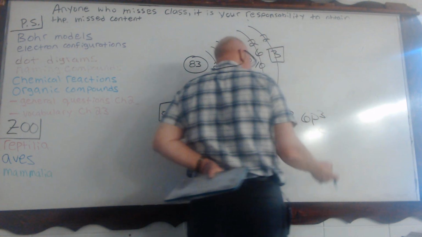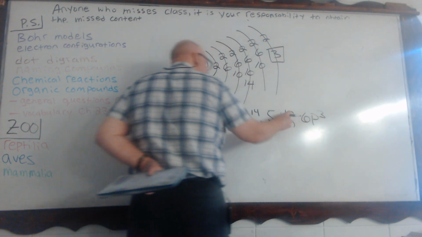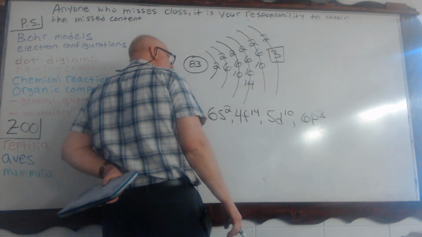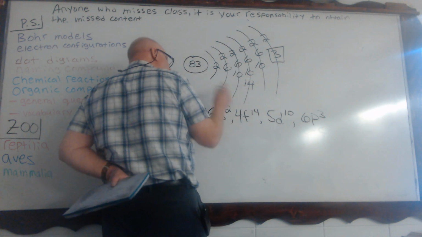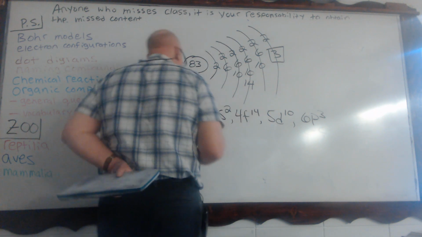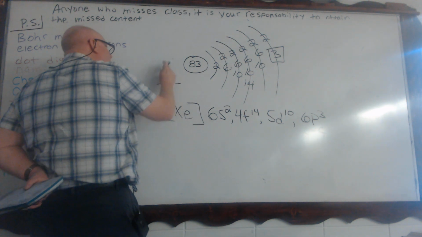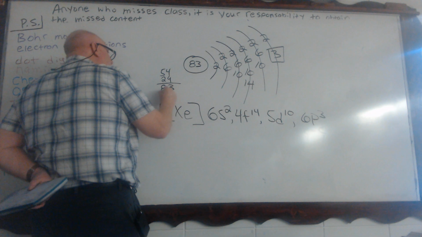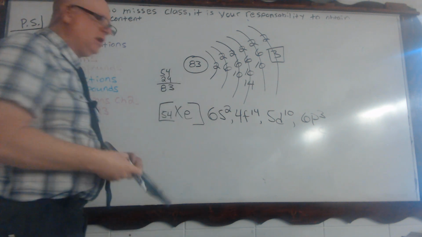And we can check our answers here too. 3 plus 10, 13, plus 14 more is 27, plus 2 more, 29. So we got 54 and 29. 4 and 9 gives you 13, so 6 and 2 gives you 8. There again, your numbers match, so that's got to be correct.